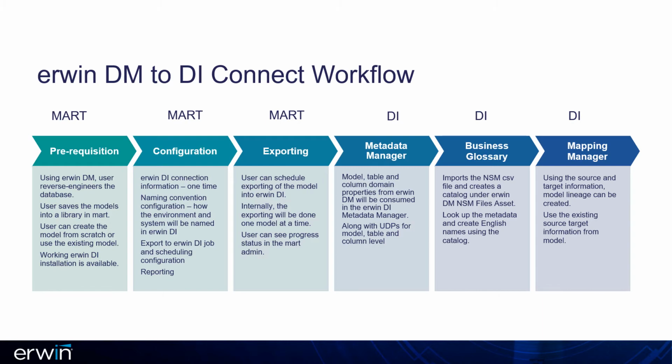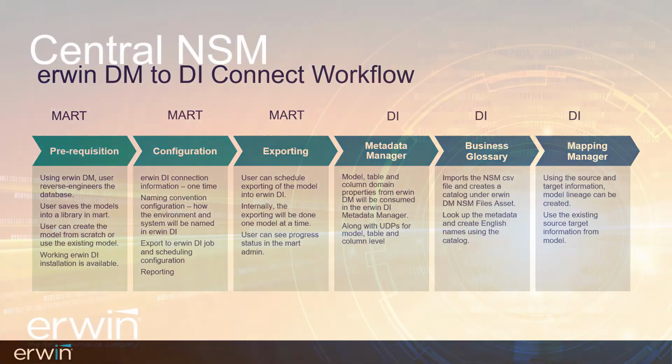Now, it looks up the metadata and creates English names using the catalog. And finally, Mapping Manager. Using the source and target information, model lineage can be created using the existing source to target information from the data model.